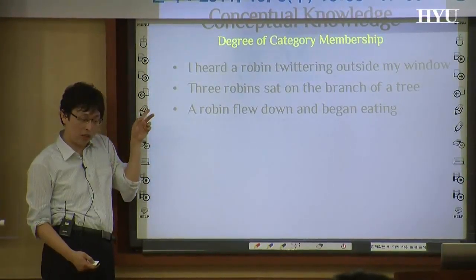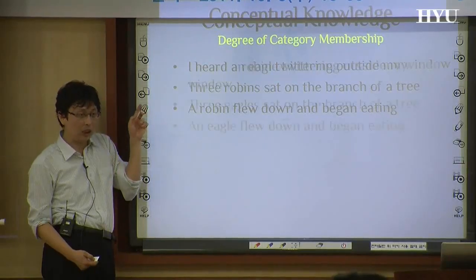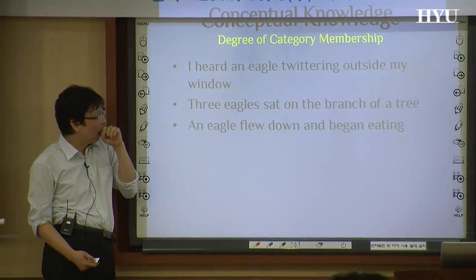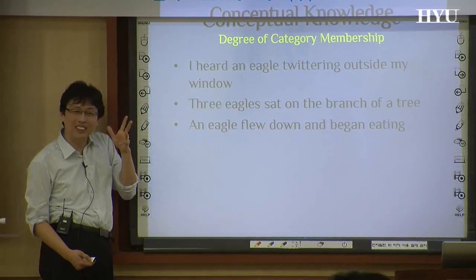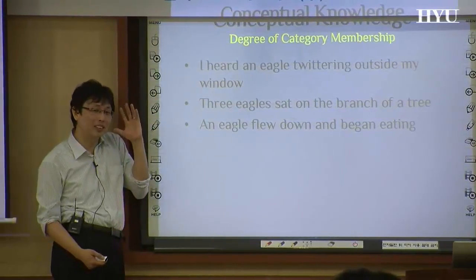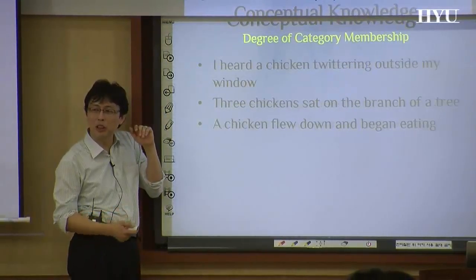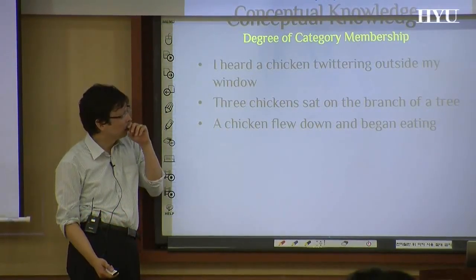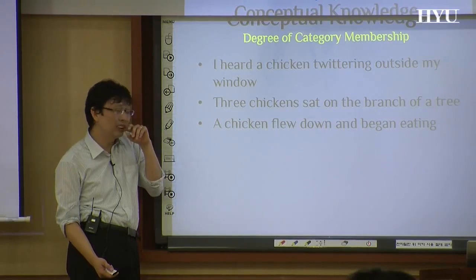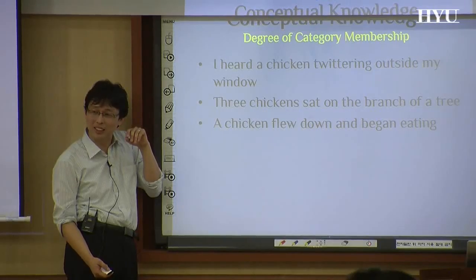But if I change this one to eagle, it makes sense a little bit, but it's something of an unusual category, right? But if I put in chicken, that is a pretty much unlikely event, isn't it?